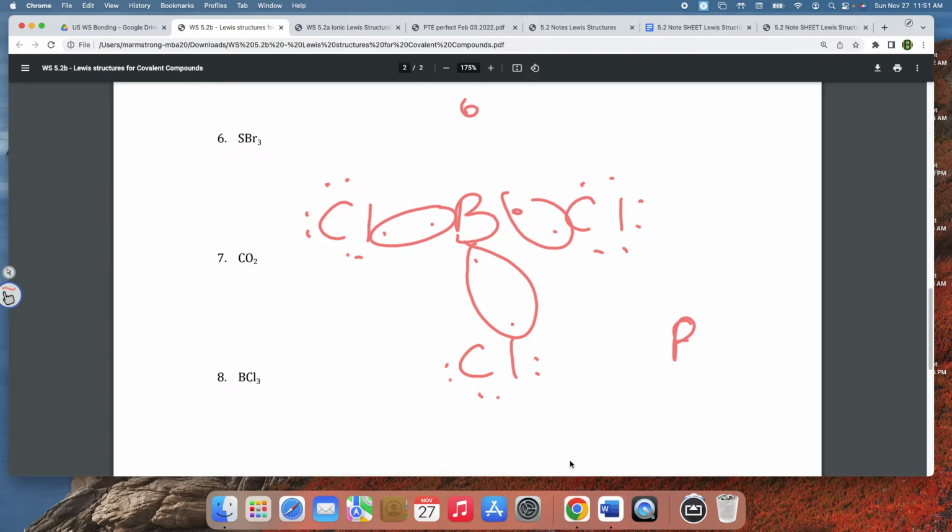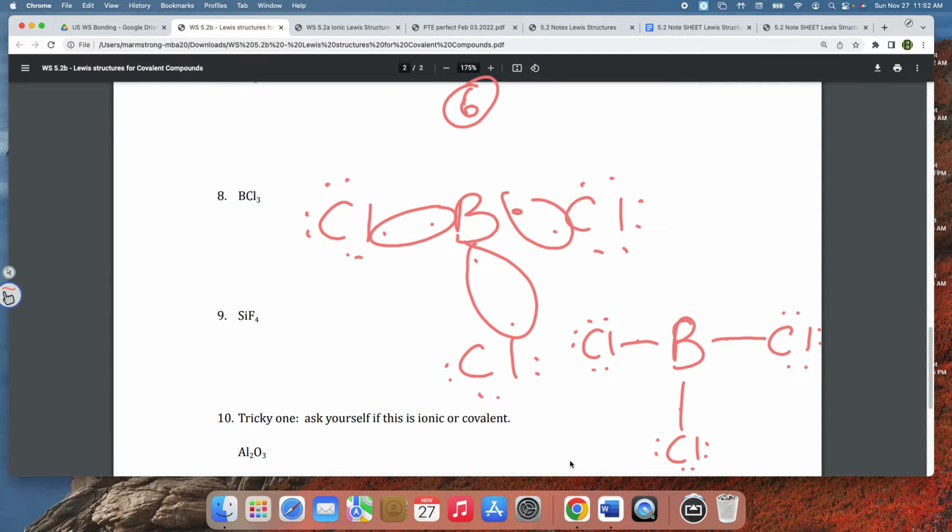So we'll have B in the middle. It'll have 1, 2, 3 bonds. Those 3 bonds correspond to 2, 4, 6 electrons. So boron reached its 6 valence electrons. And then each Cl will have its lone pair electrons. And it is satisfied. It is done.